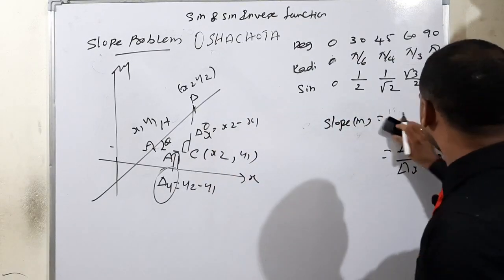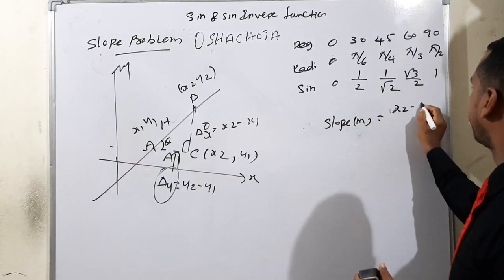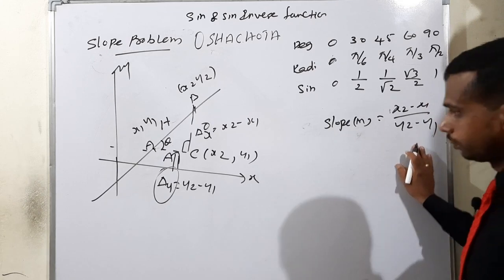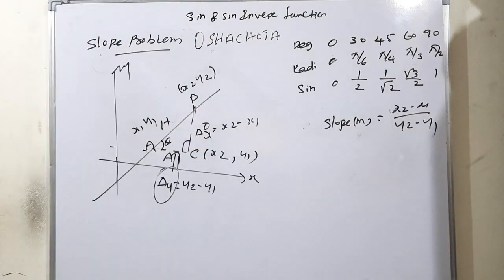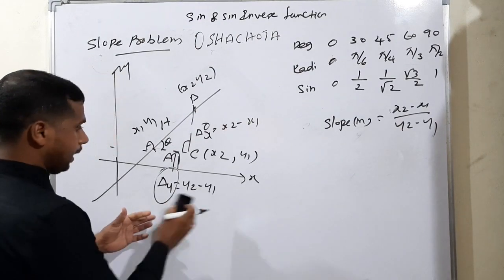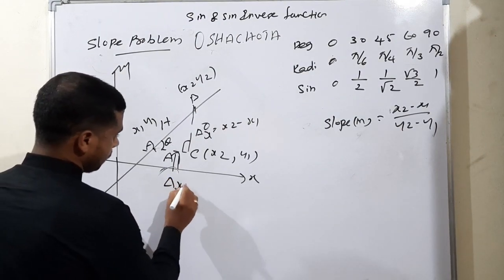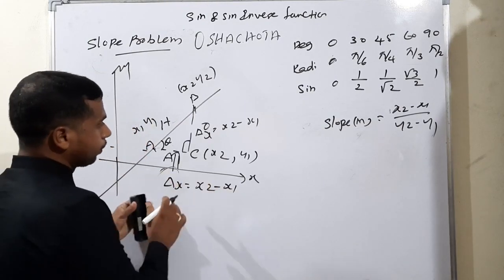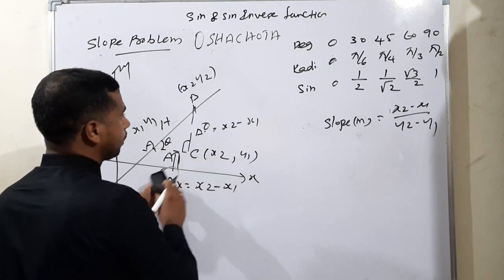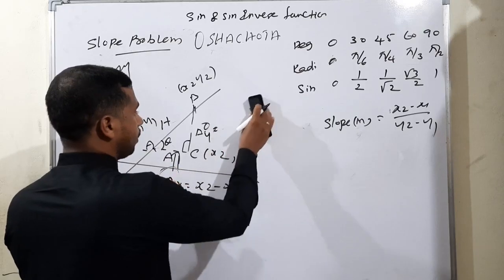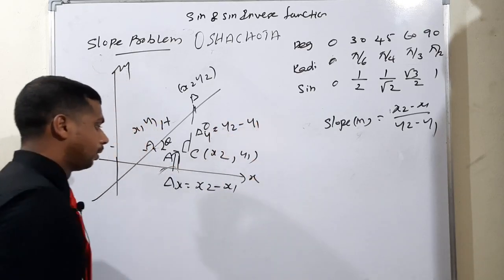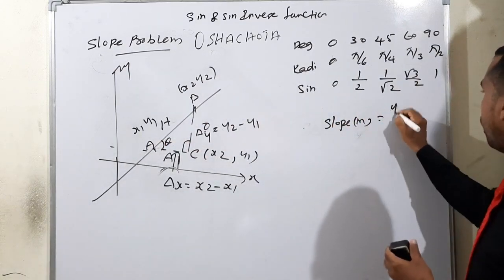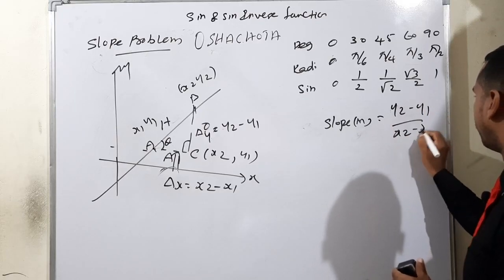Listen, my dear: del x is x2 minus x1, and this is the x side. Del y is y2 minus y1. The slope formula is m is equal to y2 minus y1 divided by x2 minus x1.